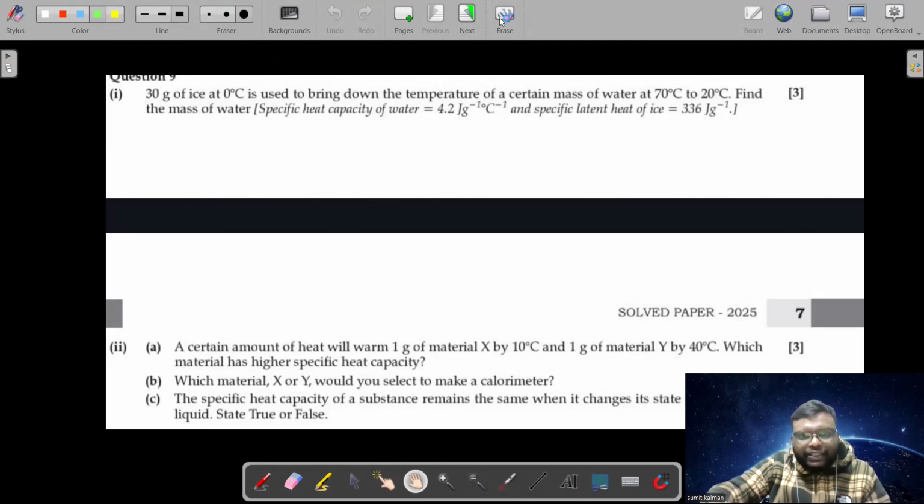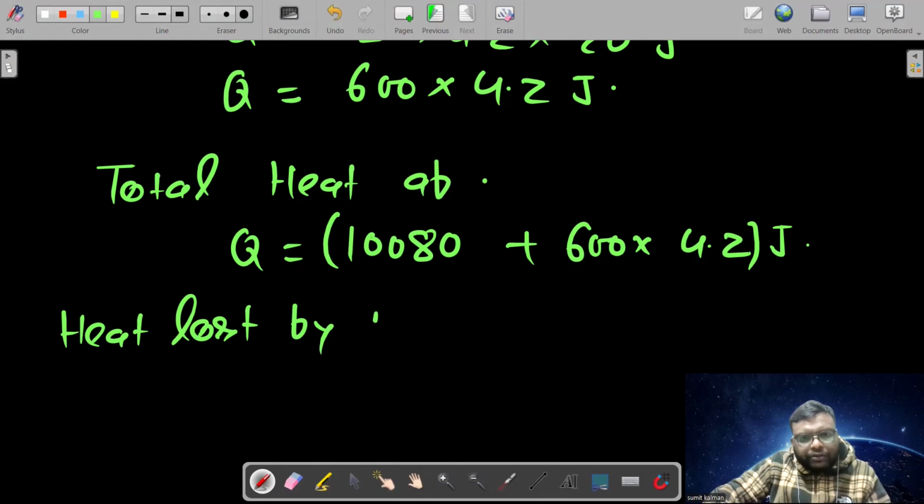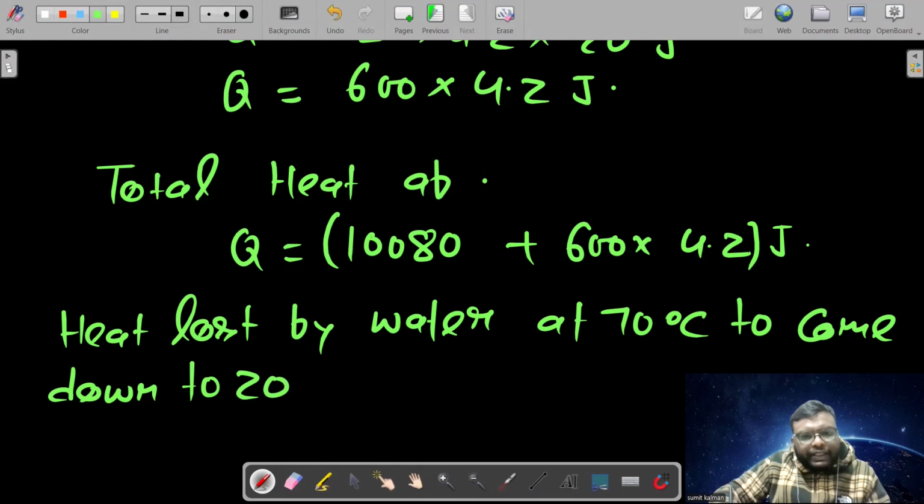So we will calculate the heat lost by water, as it comes down from 70 degrees Celsius to 20 degrees Celsius.